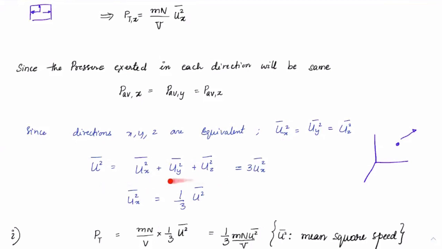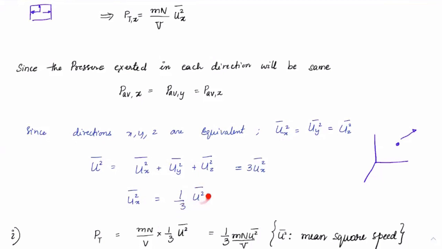So can I write this u square bar, which means mean for a particle moving in 3 dimensions, will be its x component plus y component plus z component. And since all these three are same, I can write it as 3 times ux square bar. So ux square bar is equal to 1 by 3 times u square bar.